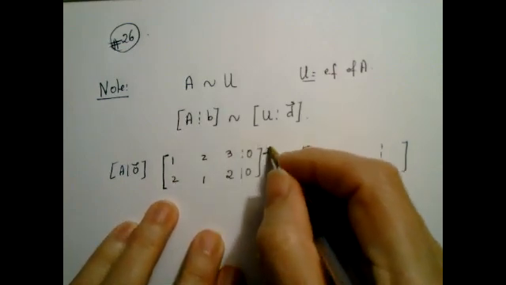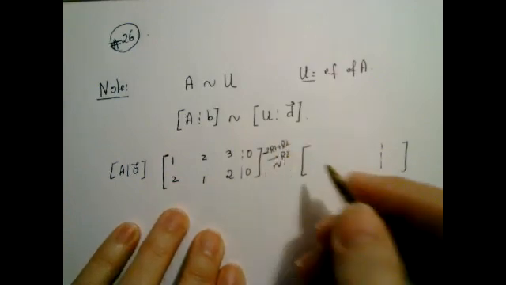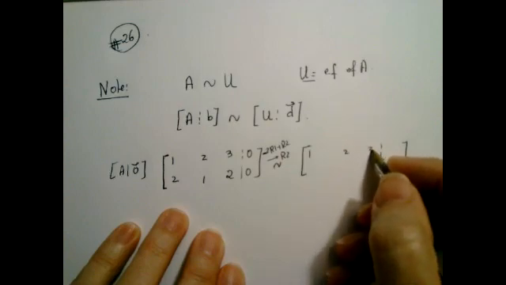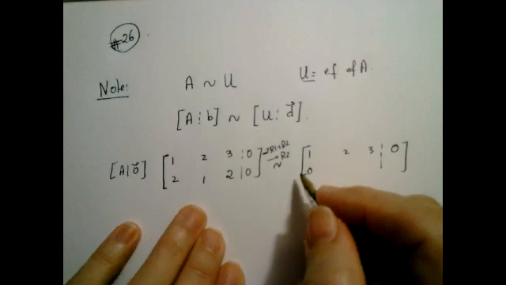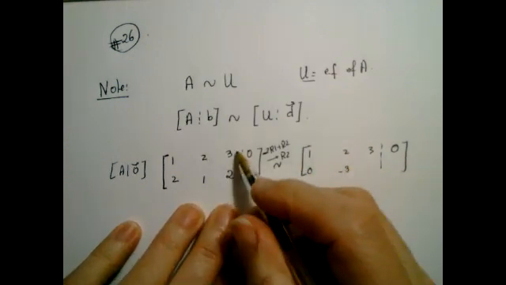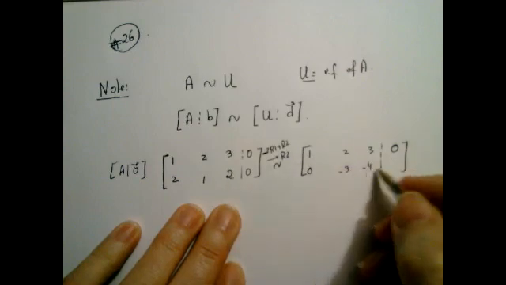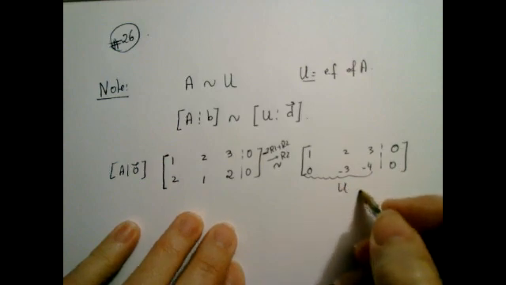So I will take minus 2R1 plus R2, and this will become my new R2. So this will be, of course, a 0, and this will become 0 here, and this will become minus 3, and this will become minus 6 plus 2, minus 4, and this is 0. This is the U I am talking about.